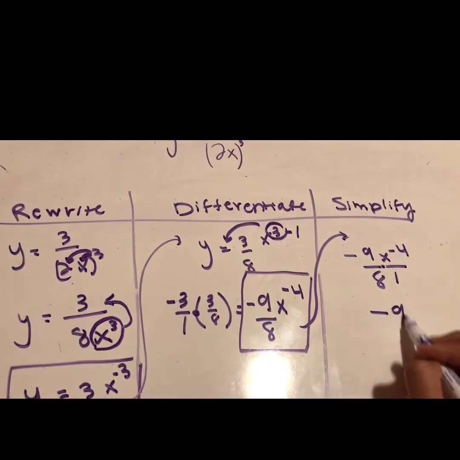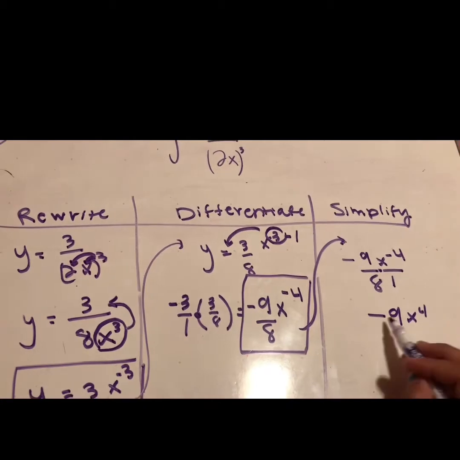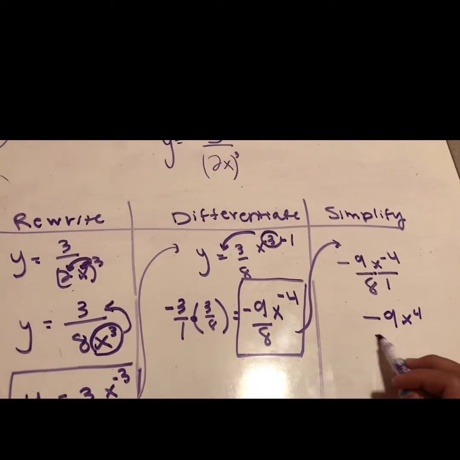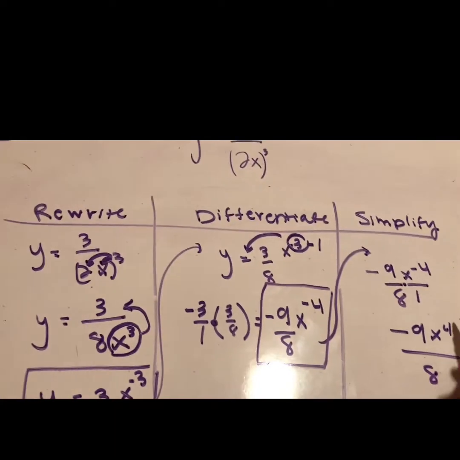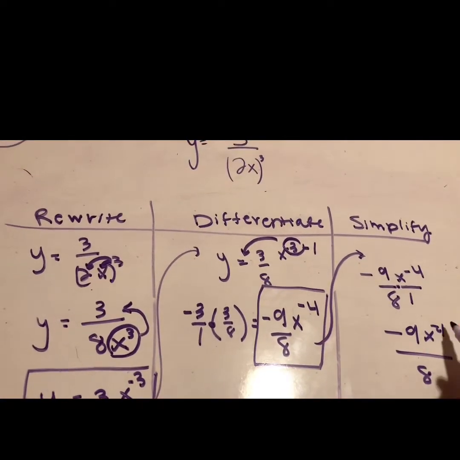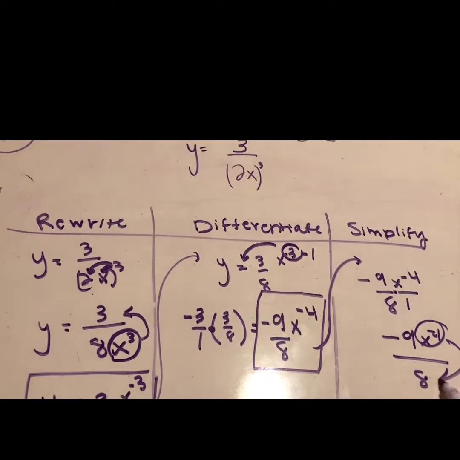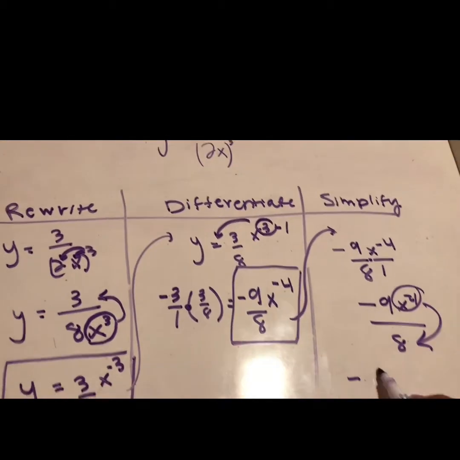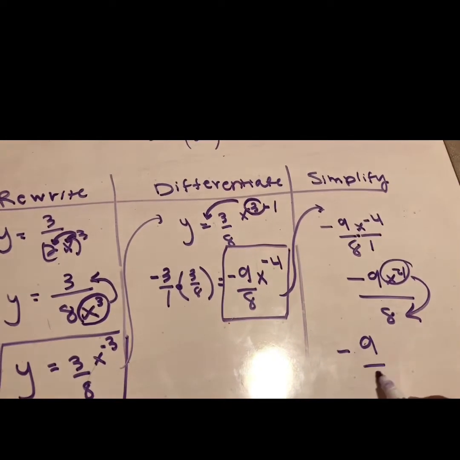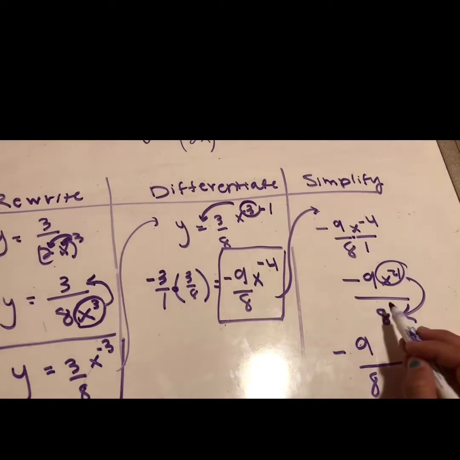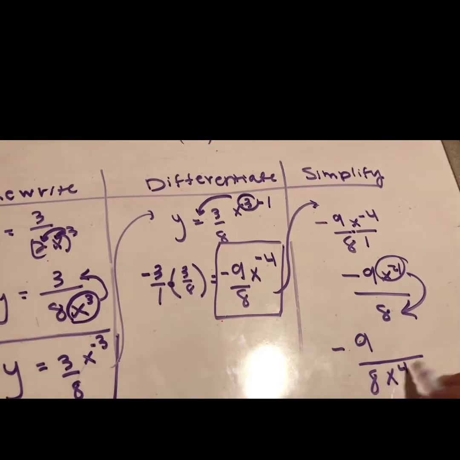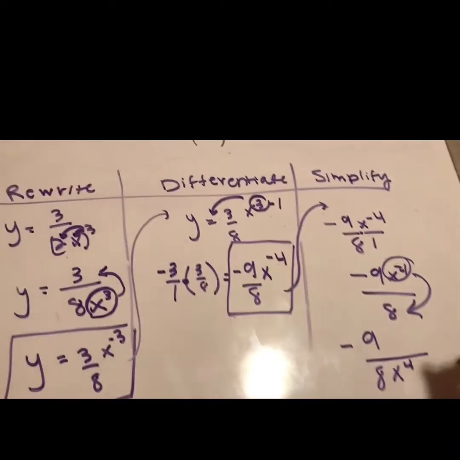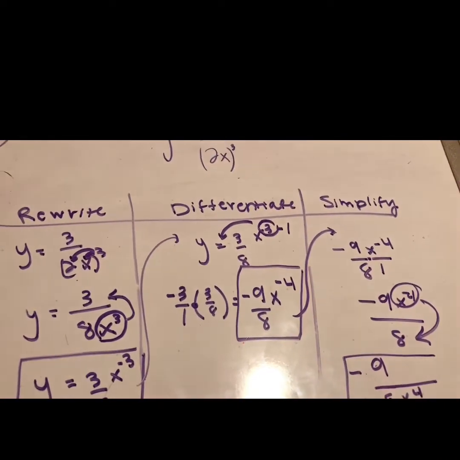So everything, negative 9x to the 4th would be on top, and the 8 times 1 would be on the bottom. So we can move this term down. So we can say negative 9 over 8, and this x to the negative 4 would move down and it would become positive. And this would be the new way of simplifying the fraction.